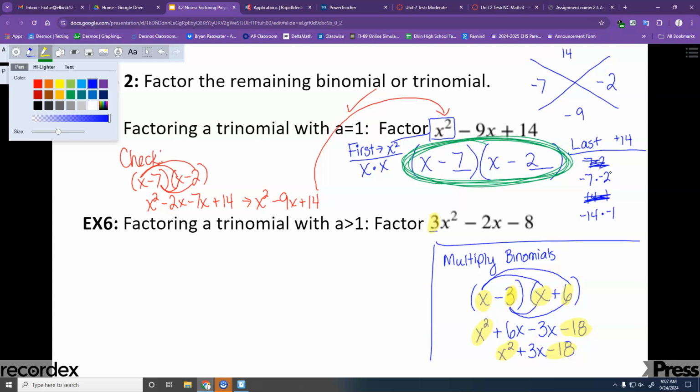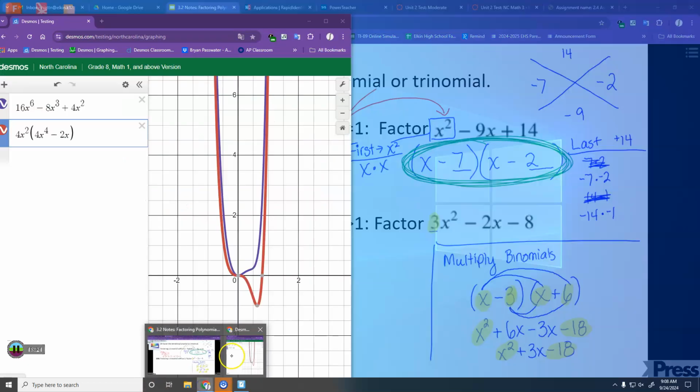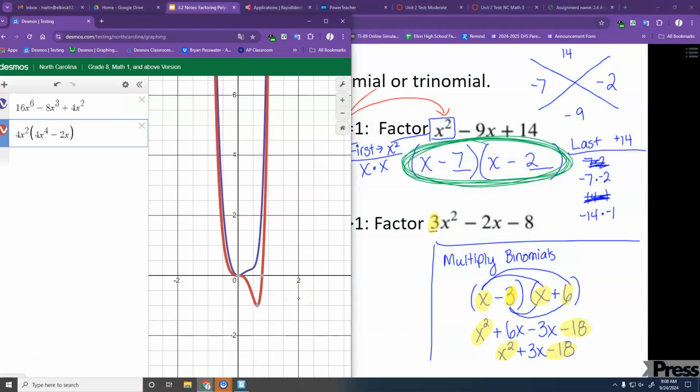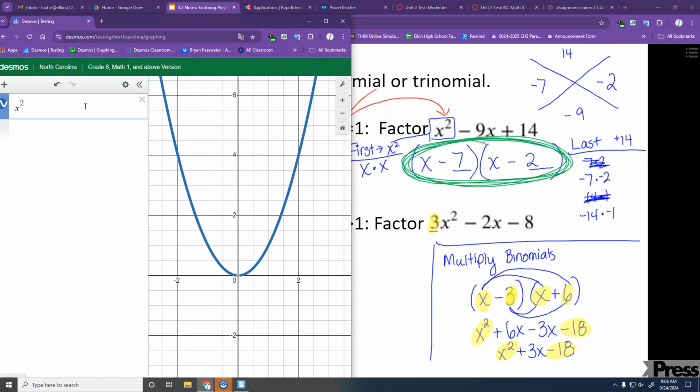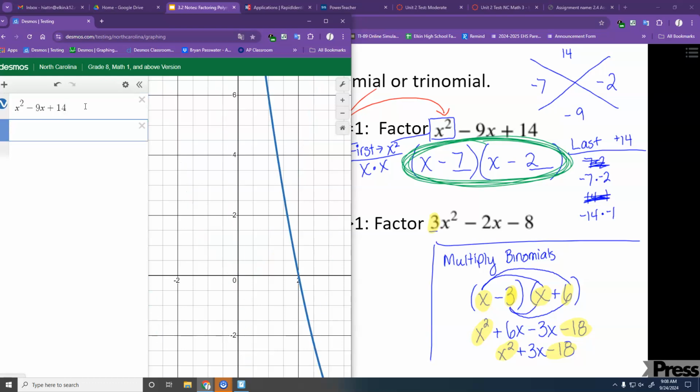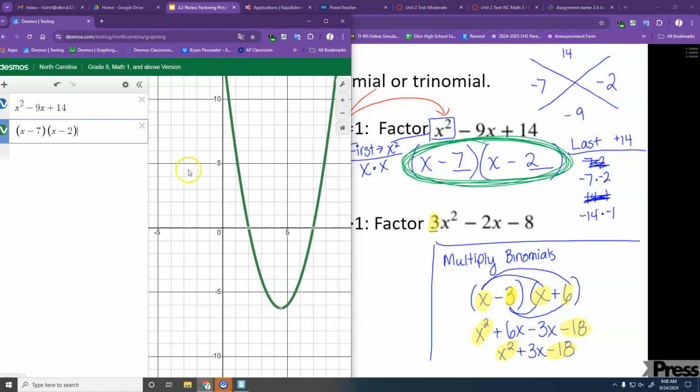Oh, wait, hold on. Let's pause. First, I need to make sure I did this correctly on the last problem. Desmos will not do this for you, but it will tell you if you mess up, right? So, if I type my original in, and I type in x minus 7, x minus 2, it should be the same graph, and it is, right?